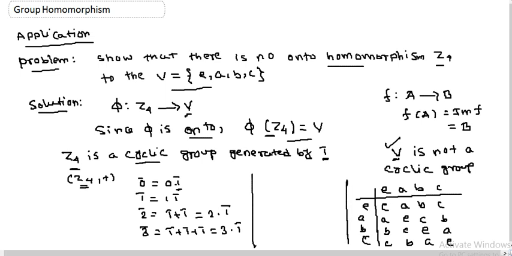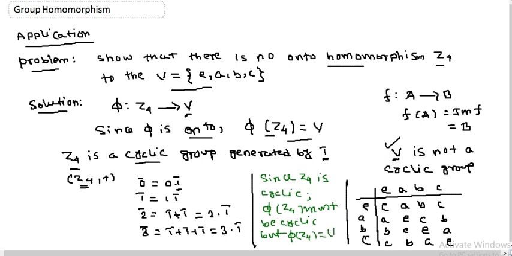Since Z4 is cyclic, from the previous results, phi of Z4 must be cyclic, but here phi of Z4 is the whole set V. Why the whole set V? Because we assume that this is an onto homomorphism, but V is not a cyclic group, which is a contradiction.